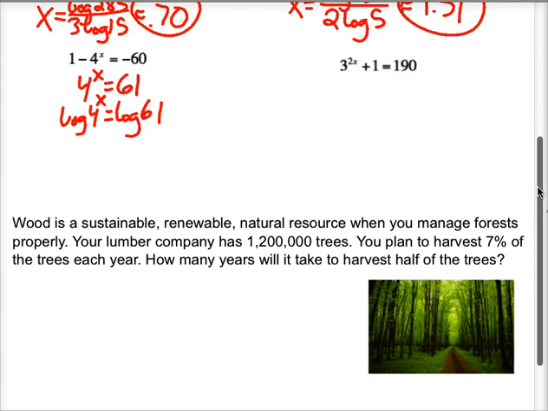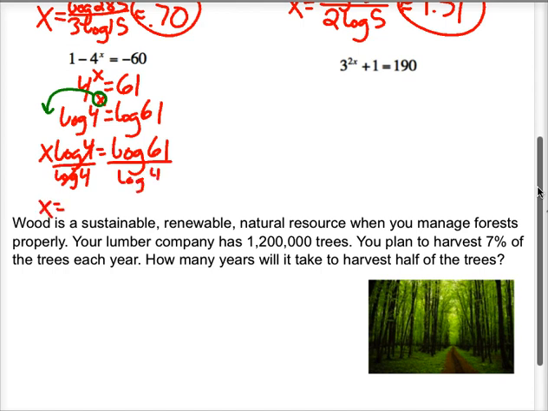Once I've done that, remember, now that I have an exponent with the logarithm, the exponent just drops down. So I get x log of 4 equals log of 61. And then finally, to get my x by itself, I'm going to divide both sides by the log of 4.